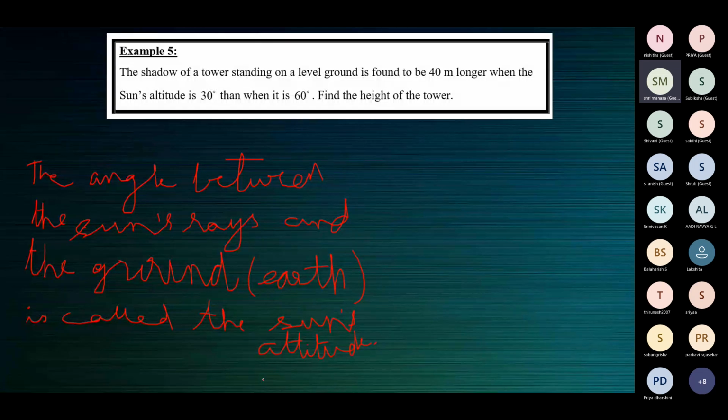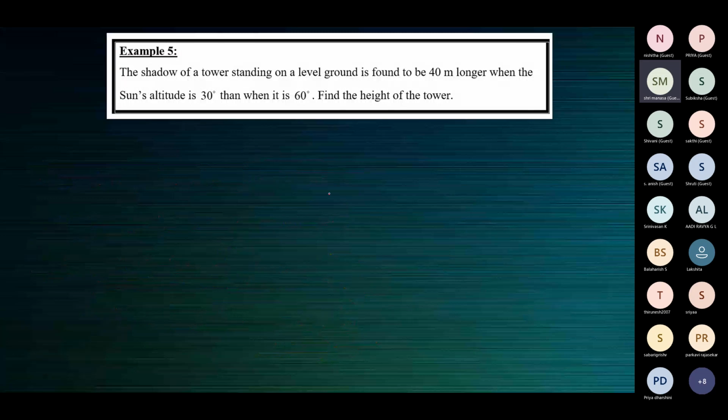The sun's altitude will be different at different times during the day. So the length of the shadow also will be different. All right. So we took the ground level.